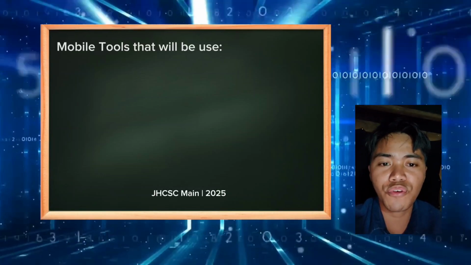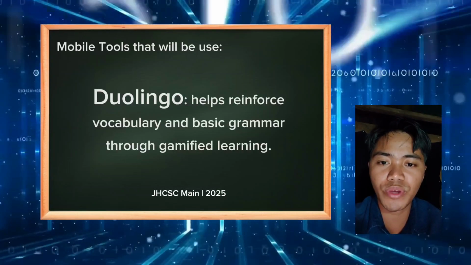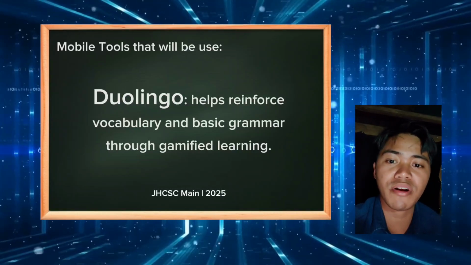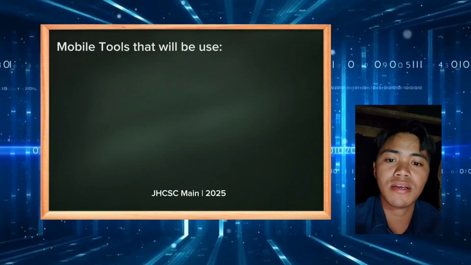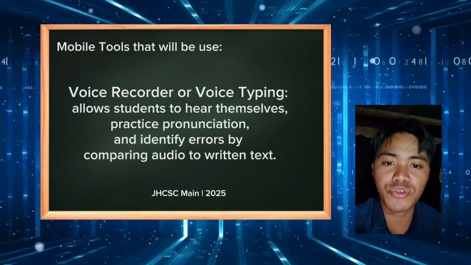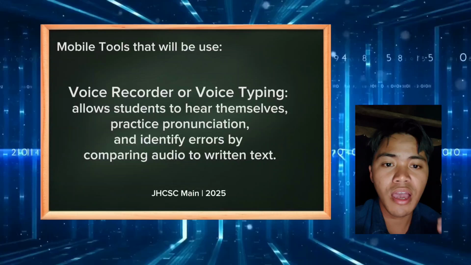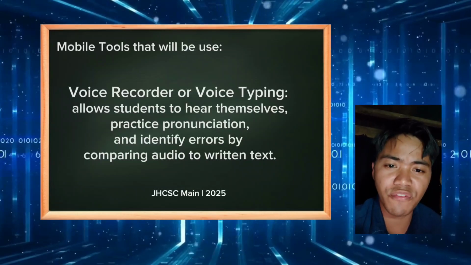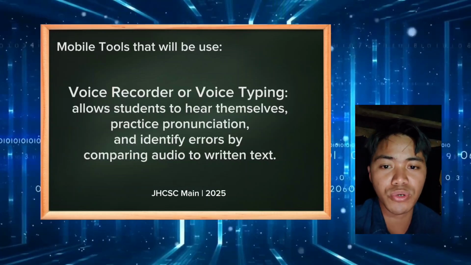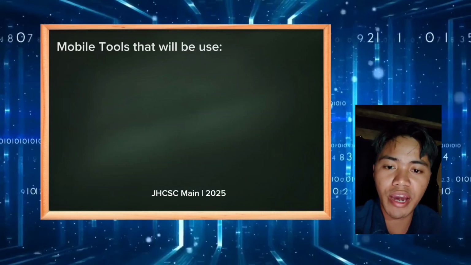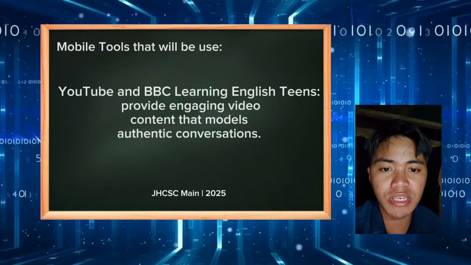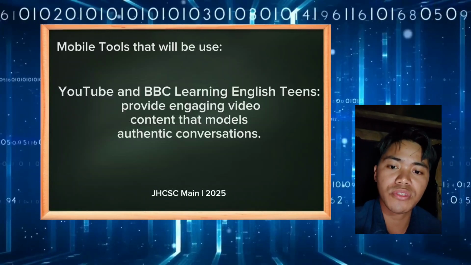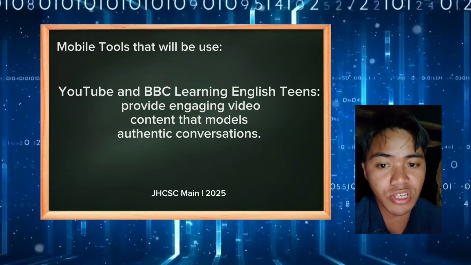We're making use of four main mobile tools. First, we have Duolingo, which helps reinforce vocabulary and basic grammar through gamified learning. Second, we have voice recorder or voice typing, which allows students to hear themselves, practice pronunciation, and identify errors by comparing audio to written text. Third, we have YouTube and BBC Learning English Teens, which provide engaging video content that models authentic conversation.